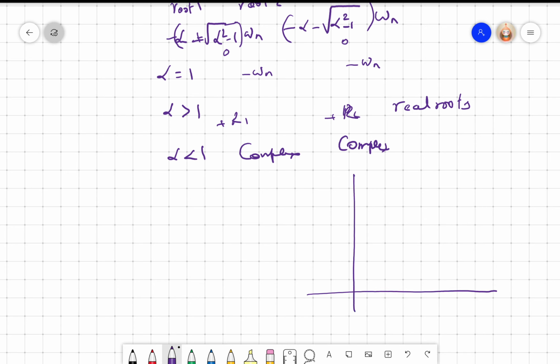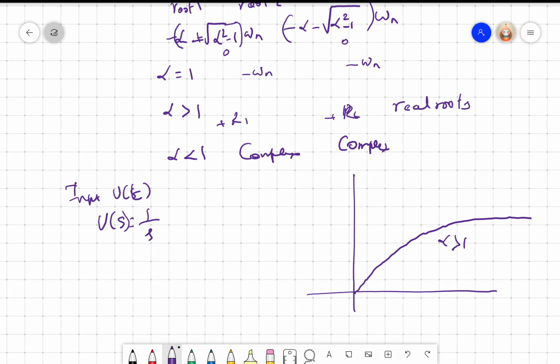If I give input as u of t, right? So u of s would be 1 by s. I have to multiply this by s and find the solution. There would be three possible scenarios. For alpha greater than 1, I will get two exponentials.